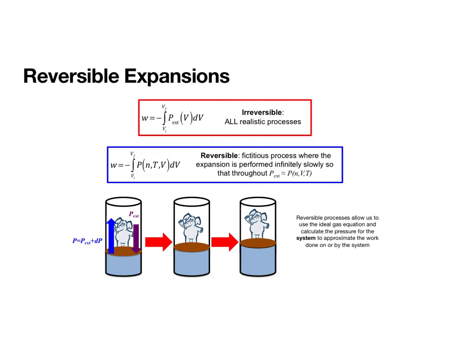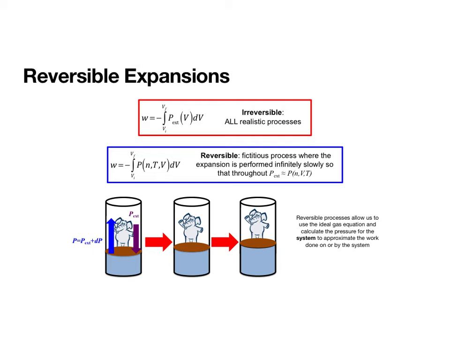So in reality, all realistic processes are what we call irreversible. So we're saying that once this gas inside the piston expands and the piston moves up, there's not an identical mechanism that's going to get all the gases to compress and move the piston back down.